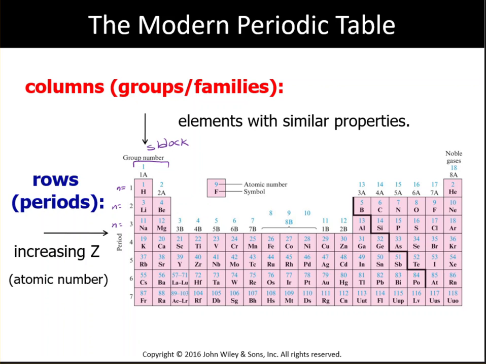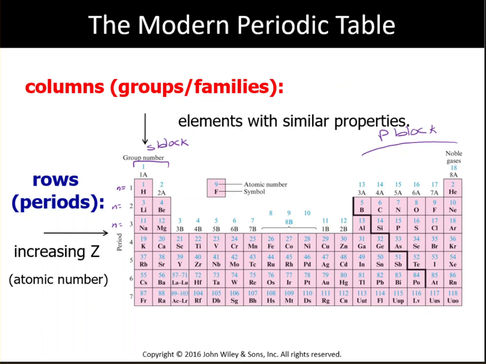Now, the p sublevel has a maximum of 6 electrons. If you move across groups 3A, 1, 2, 3, 4, 5, 6, these are called p block elements because those represent the electrons in the p orbital.